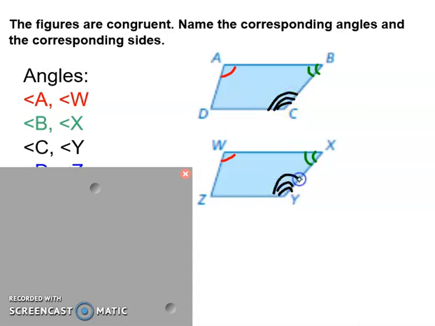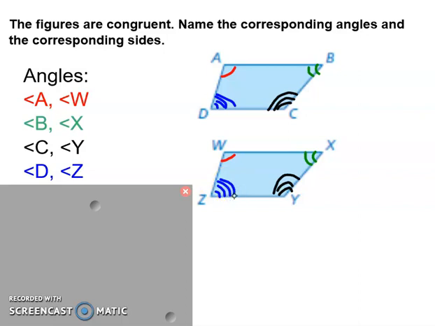I can say D and Z, 1, 2, 3, 4. Notice how they have a different number of arcs because we don't know any relationship inside that figure. We only know that it's congruent to the other figure.